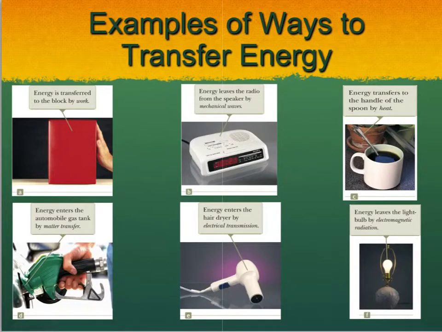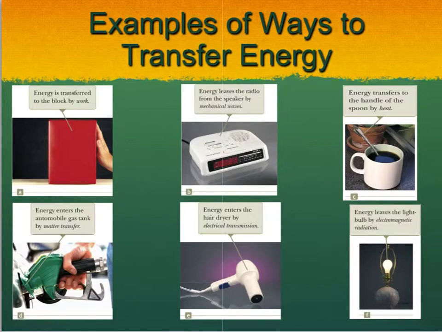Okay, so if we're looking at some examples of ways to transfer energy, we know that in a non-isolated system, energy crosses the boundary of the system, and that happens usually during some time interval because of an interaction with the environment. Now, the work kinetic energy theorem is the first equation that we usually go to when we think of a non-isolated system.